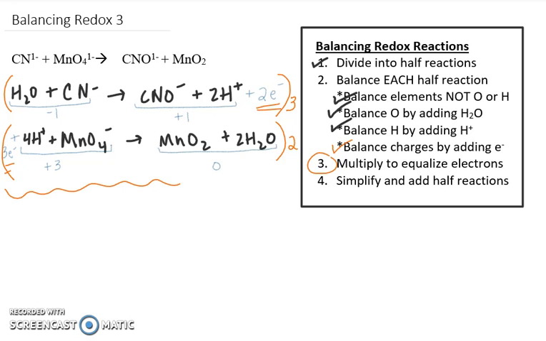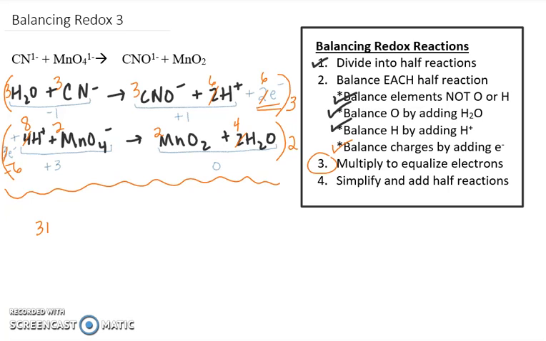Now, some people at this point like to just do it in their head. I prefer to write it out. So I'm going to distribute this 3 to everything up here. So a 3, a 3, a 3. 2 times 3 is 6, and a 6. And in the bottom reaction, again, this is going to be a 6. 2 times 4 is 8. A 2, a 2, and a 4. And I'm going to go ahead and rewrite those reactions again.